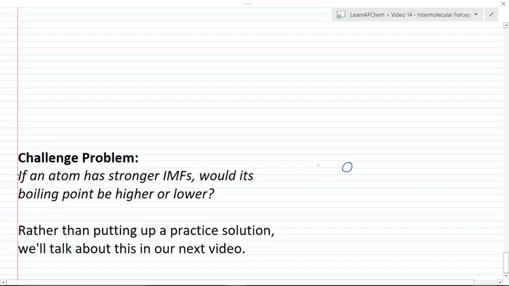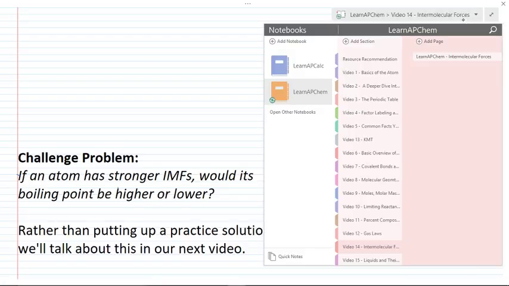And so if you have strong IMFs, we'll do double arrows, it's going to take more energy to boil something off than something that has weaker IMFs, because it takes more energy to break this strong IMF than this weak one and boil it off to a gas. Yeah, so nice job.